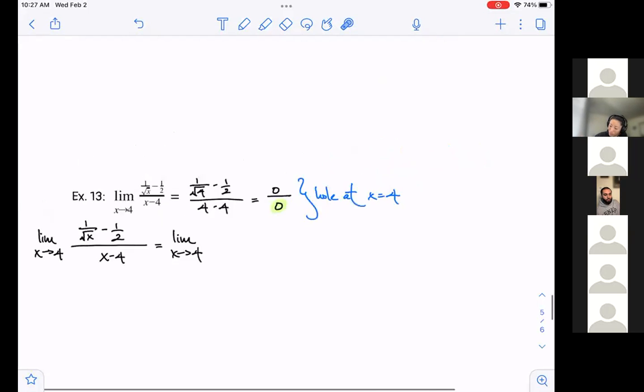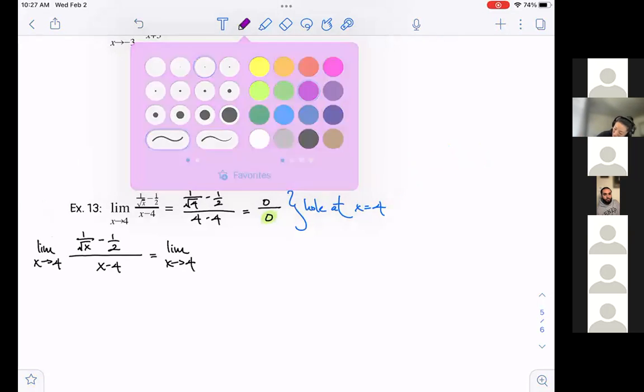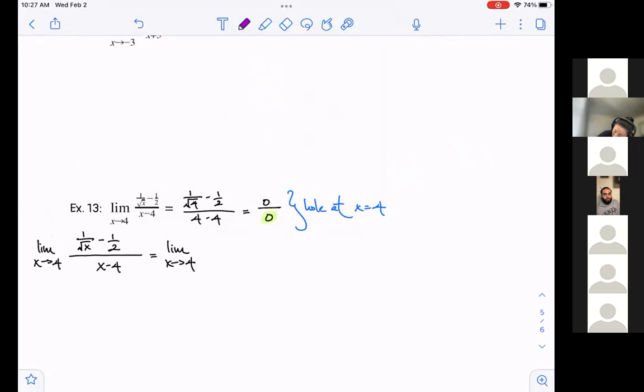Okay. So really what we're trying to do is to make it look like something like this. If I had a over b, that's a single fraction, and I divided it by another fraction, I think this is a rule that maybe we know, right? How would I proceed here? If I have a fraction divided by another fraction? You would flip the bottom to make it a multiply, right? Good, good.